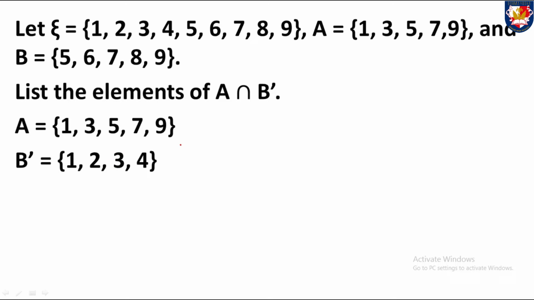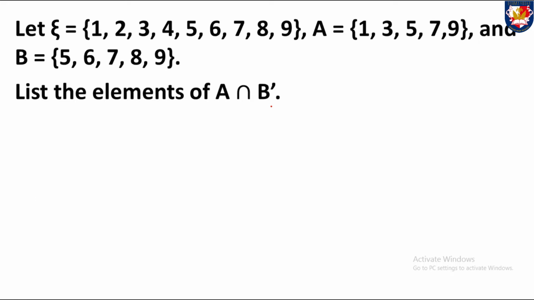So the elements of A intersection B complement are 1 and 3, because these are the only numbers that belong to A and also belong to B complement. This is the first way to find the elements of A intersection B complement.